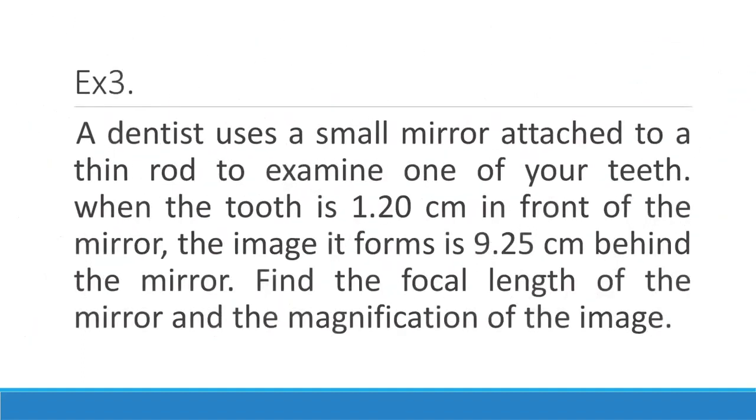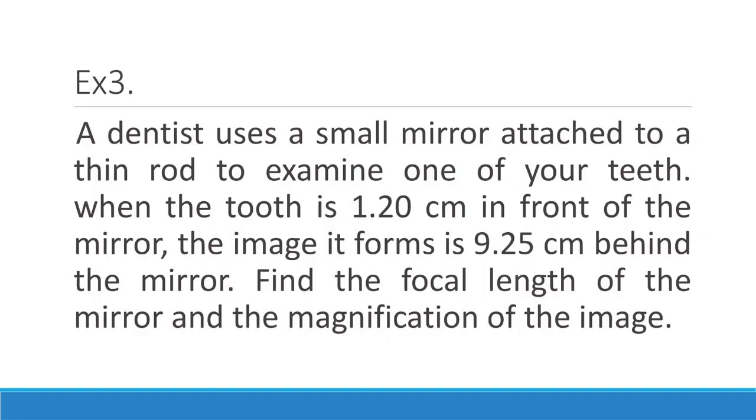For example number 3, a dentist uses a small mirror attached to a thin rod to examine one of your teeth. When the tooth is 1.20 centimeters in front of the mirror, the image it forms is 9.25 centimeters behind the mirror.